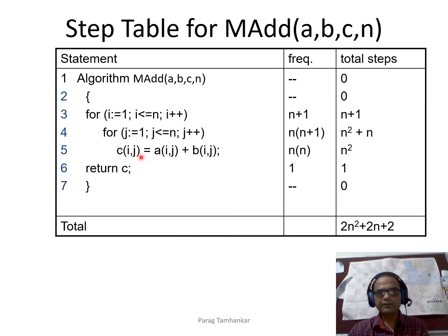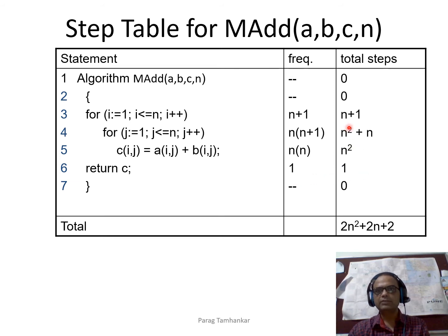The statement within the inner for loop will execute n into n times, because this statement is part of the outer as well as the inner for loop. Outer for loop is true n times, inner for loop is also true n times. So the statement within the inner for loop will execute n square times. And finally, return C is not part of the loop, so it will execute only once.